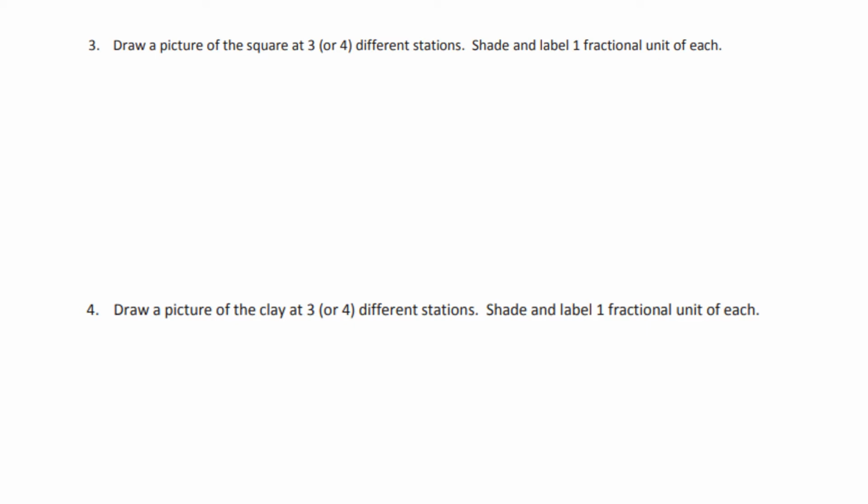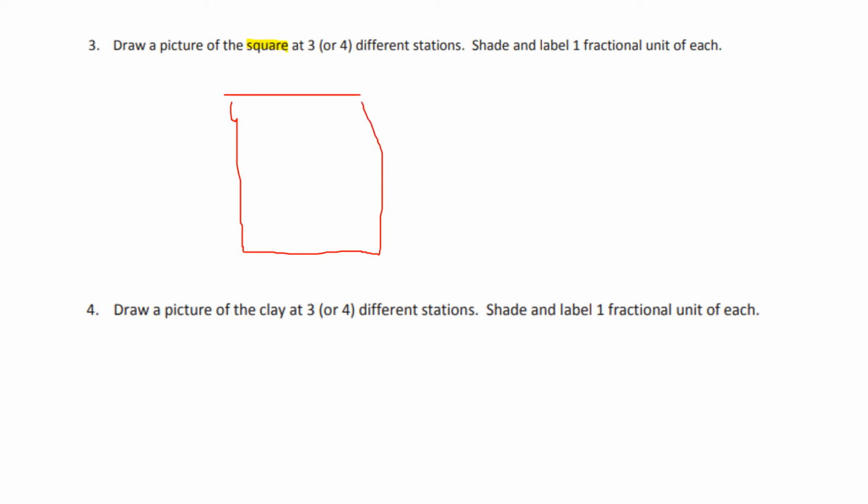Now you are going to be doing both of these, and I'm going to tell you what to do for each of them. So for the first one, for number 3, it says draw a picture of a square. So you need to remember when you are making this, you are making a square shape. So remember, yours needs to look somehow like this.